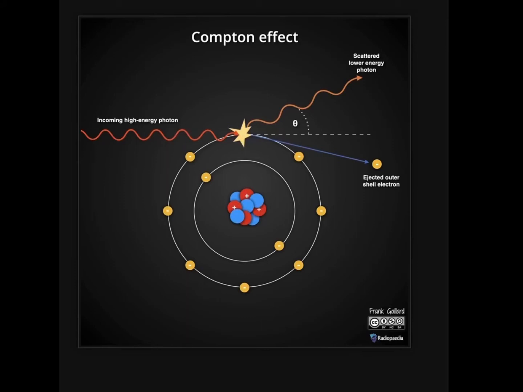The electron then becomes a Compton electron, and the rest of the photon energy exits the atom as a scattered photon that has less energy than it originally started off with, and it has also ended up changing its course.